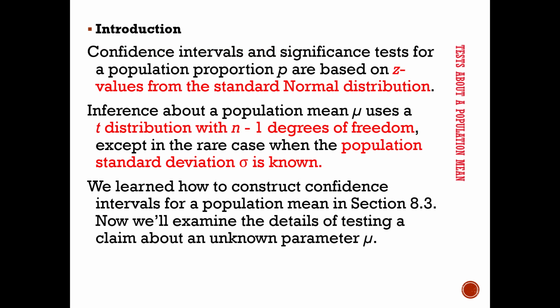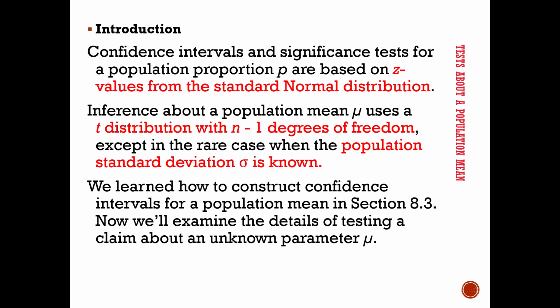So you guys might remember that confidence intervals and significance tests for a population proportion P are based on z values from the standard normal distribution. In the case of population means, though, mu, we're now using a t distribution with n-1 degrees of freedom. So the important thing here is that in means we're doing the t distribution, not the z distribution.